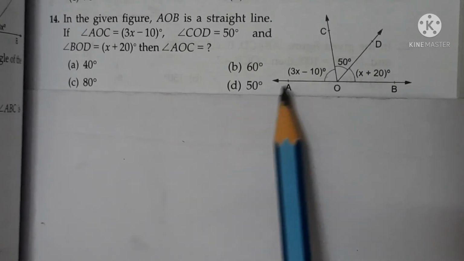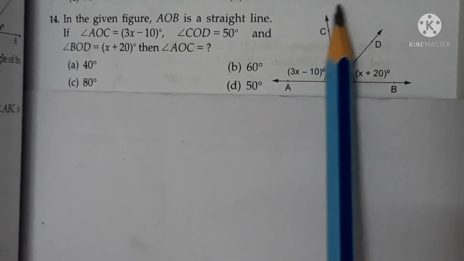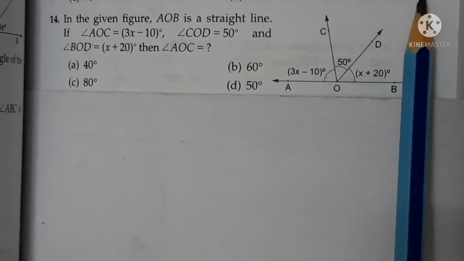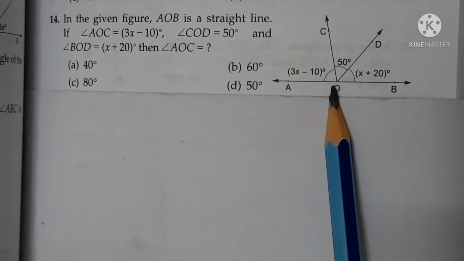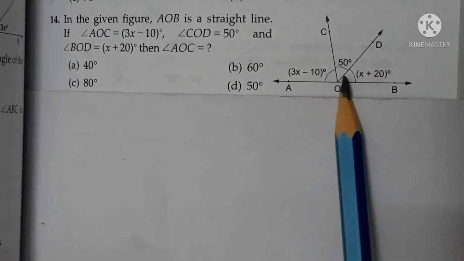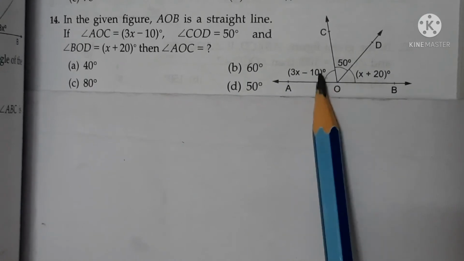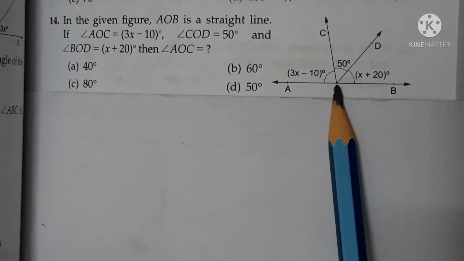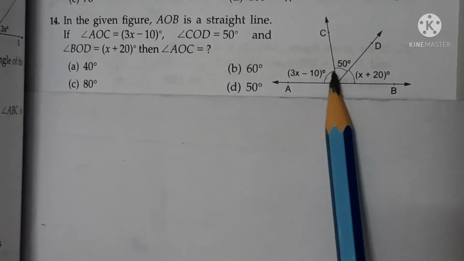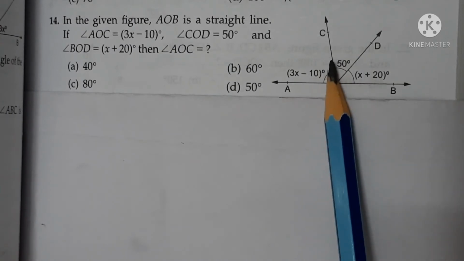Same here, in the above question we used the linear pair will be 180 degree, and here you will use the sum of all angles at a point on a line and on the same side of that line will be 180 degree.